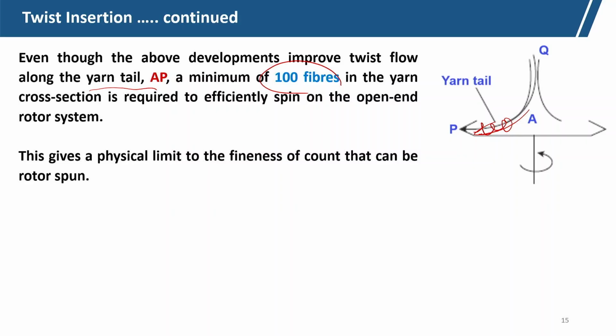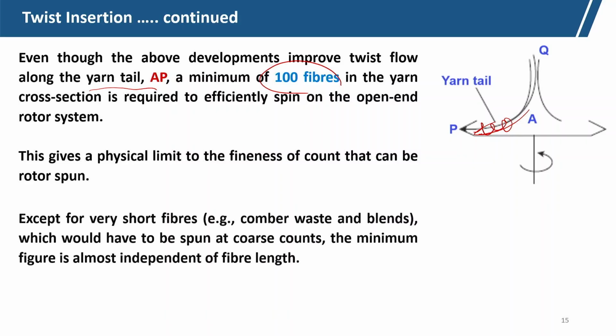So, we need a minimum number of fibers; that is the limitation of rotor spinning. We cannot produce finer counts here, except for very short fibers like comber waste, or a different type of blend, which would have to be spun into coarser yarn. The minimum number almost depends on the fiber length.